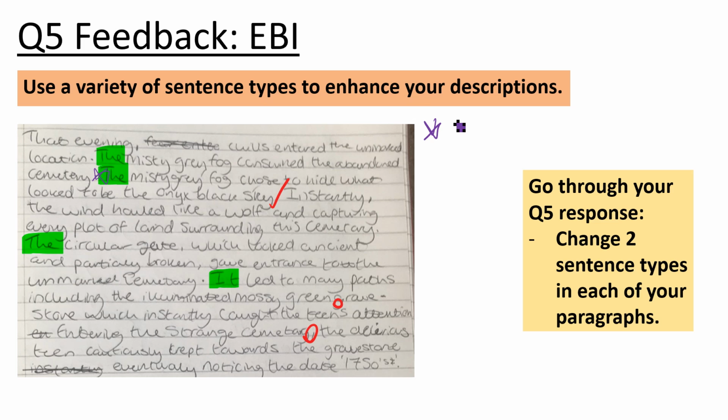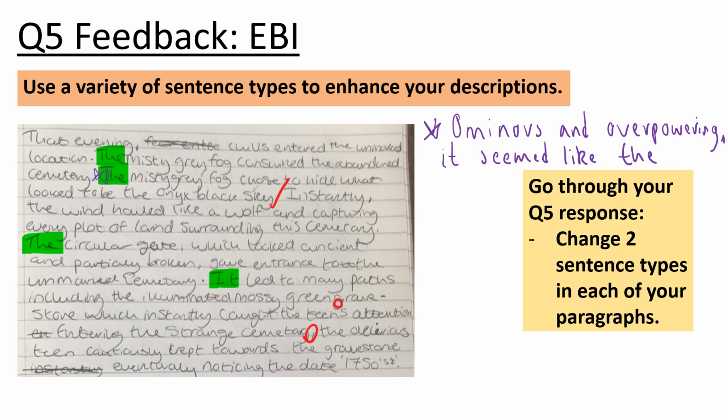So I'm going to write ominous and overpowering, comma, it seemed like. I'm going to change the description of misty, and I'm actually going to put the pewter grey fog, and then the rest of the sentence.